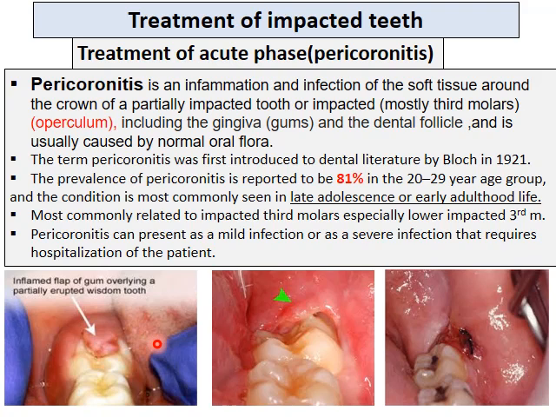If there is a delay or a problem in the eruption, it is expected to see this patient at that age. The condition is commonly seen in late adolescence and early adulthood.